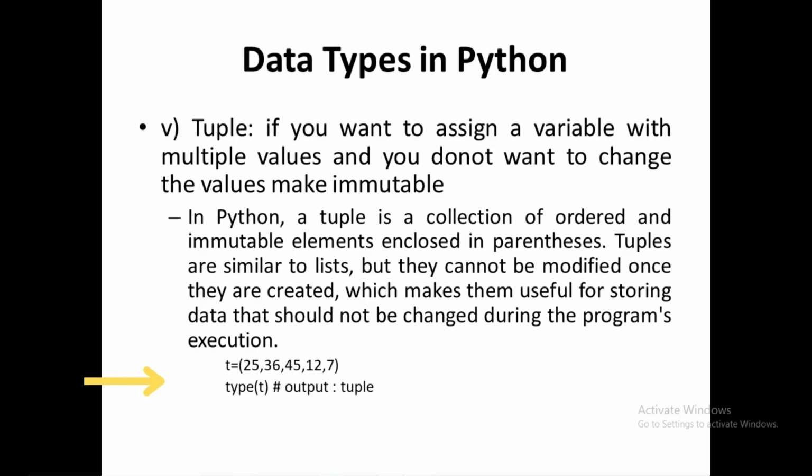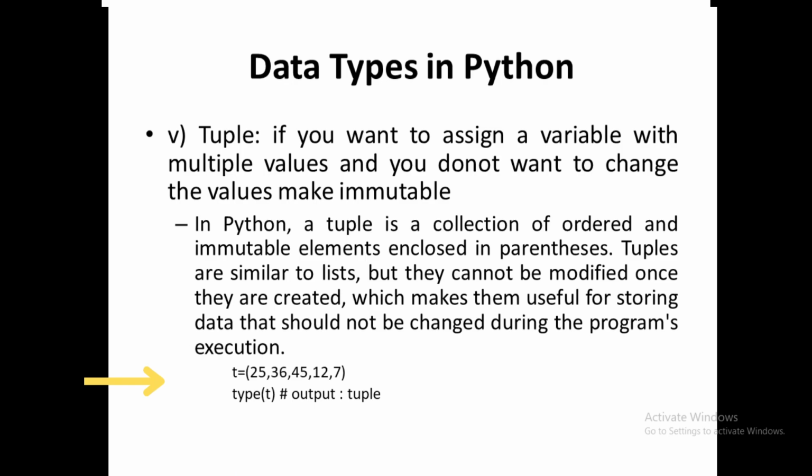Tuples are similar to lists, but they cannot be modified once they are created. So we will be using tuples if we want to store data that need not be modified in future.